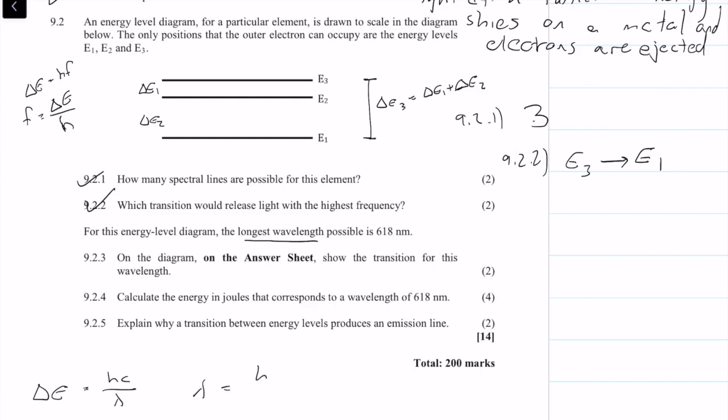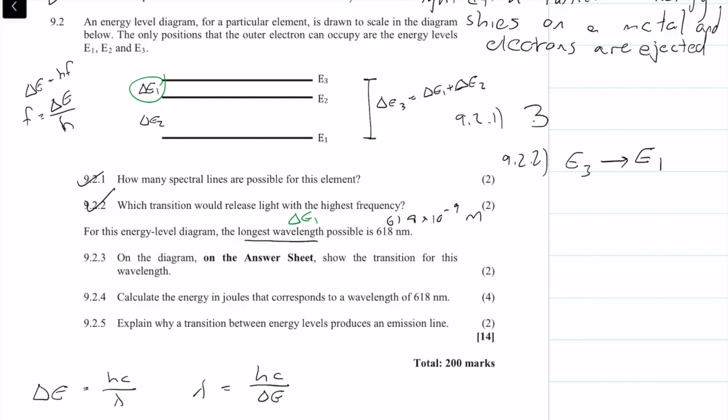So lambda equals hc over change in E, where both h and c are constants: Planck's constant and the speed of light. The longest wavelength occurs for the smallest change in energy, which would be change in E1. So the longest wavelength is 618 times 10 to the minus 9 meters.